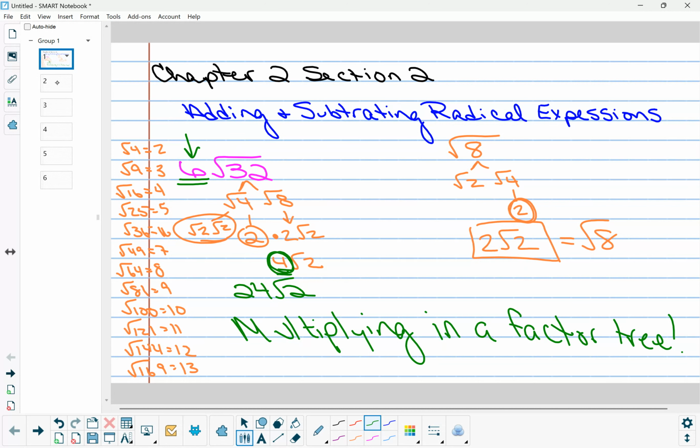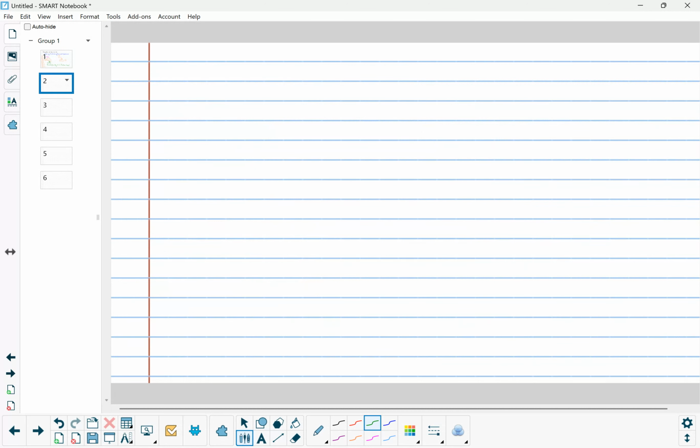So here is an example, and we'll do one that's got like radicands right off the bat. So this is 8a radical 7 minus 4a radical 7 plus 6a radical 7.